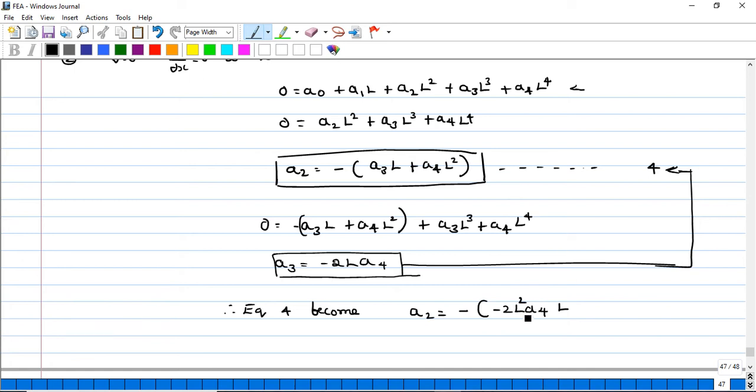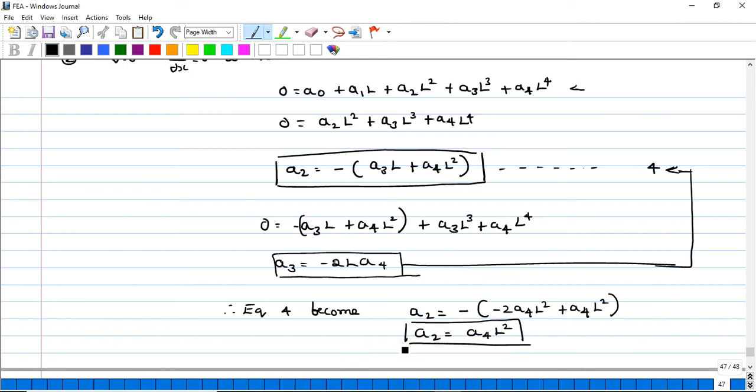So I can write it as 2 a4 L square plus a4 L square. When I do that, minus into minus plus, and this will be 2 minus 1, that will be 1, the answer will be 1 a4 L square. So that is the new updation, that is a2 as a4 L square.